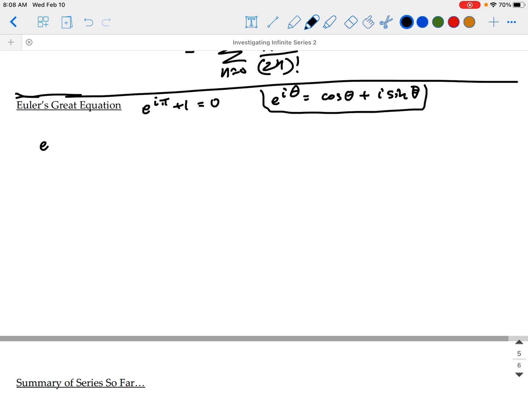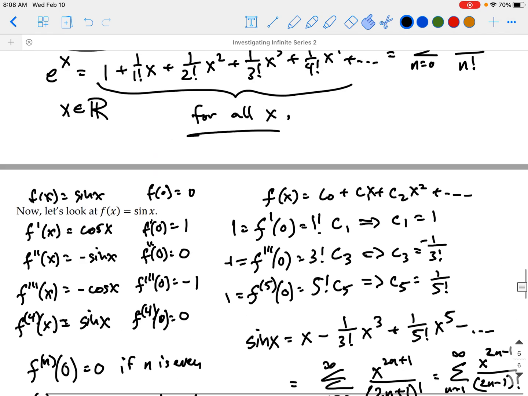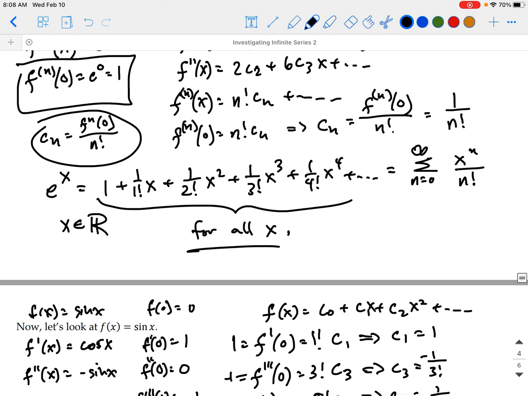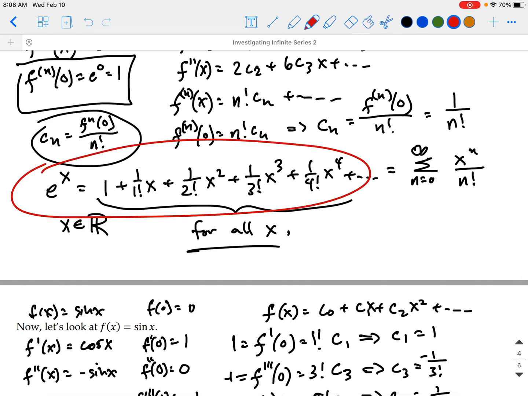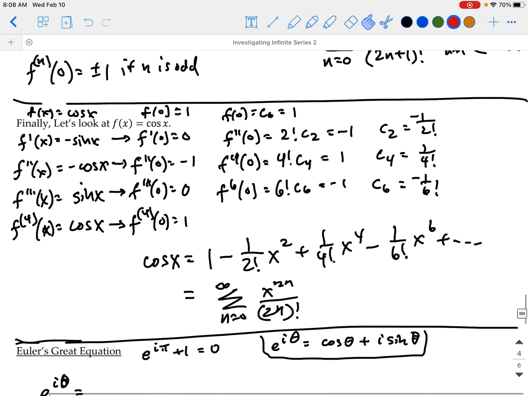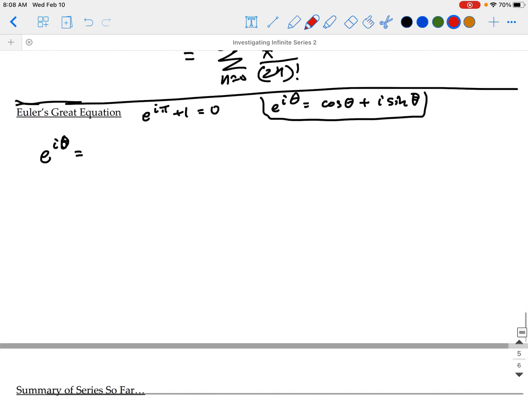So from above, we know that e to the I theta, if we use our power series representation for e to the x, so that's our expression here. That expression we're going to use here, but we're going to use I theta instead of x. So note x is going to equal I theta.